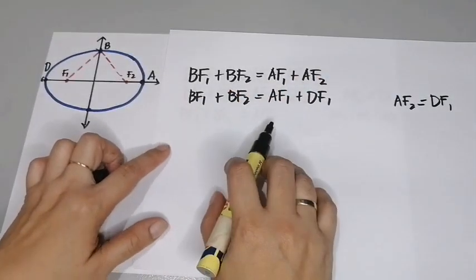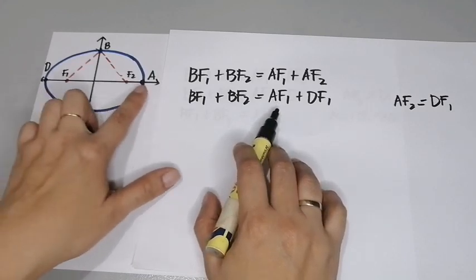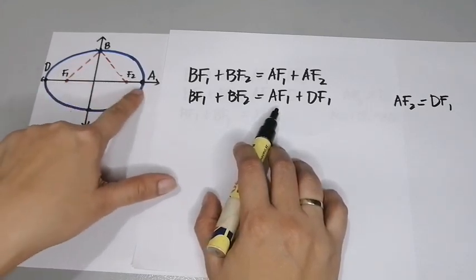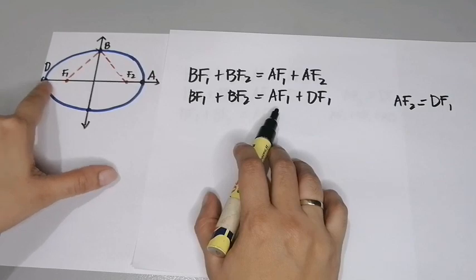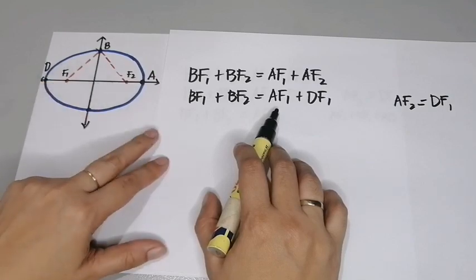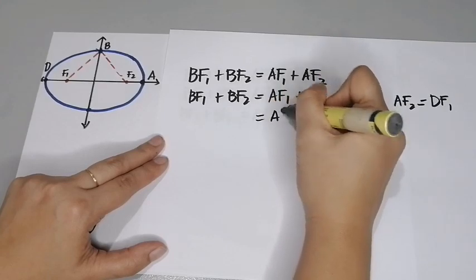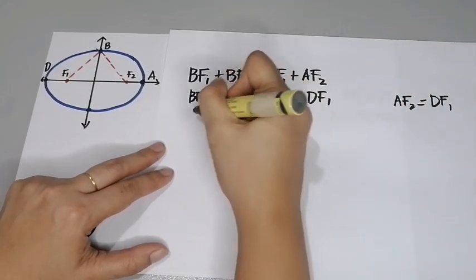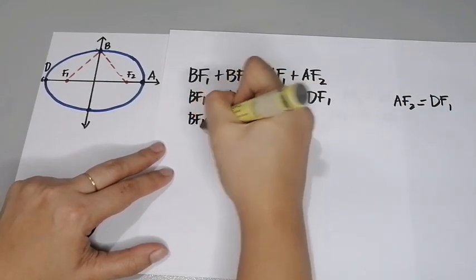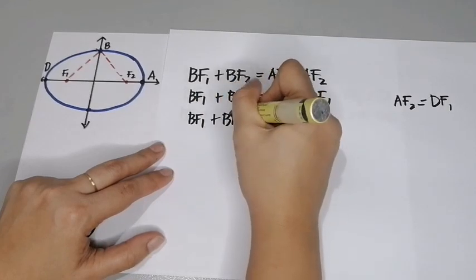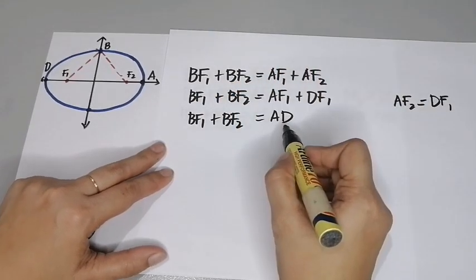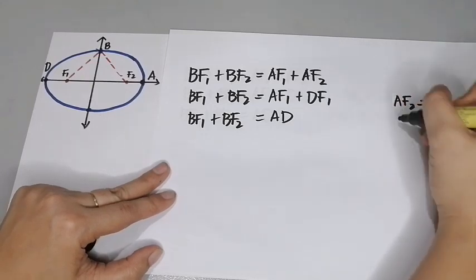Next, AF sub 1 plus DF sub 1 is equal to line segment AD. So BF sub 1 plus BF sub 2 is equal to AD, by segment addition.